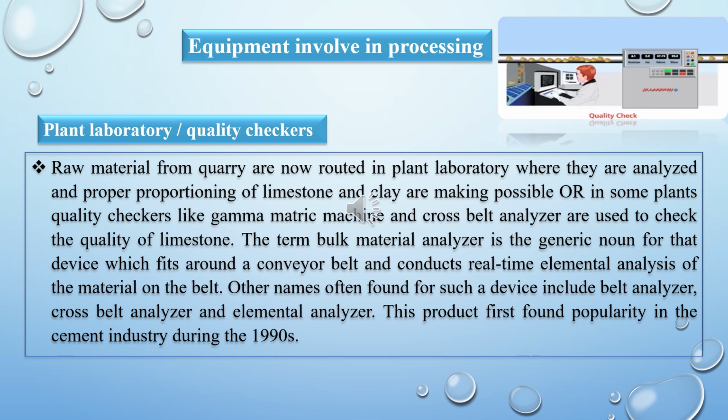At the end of that lecture, we discussed the machinery which is being used in the cement industry. First of all, we discussed excavators. We said that excavators are used for digging the softer rocks.